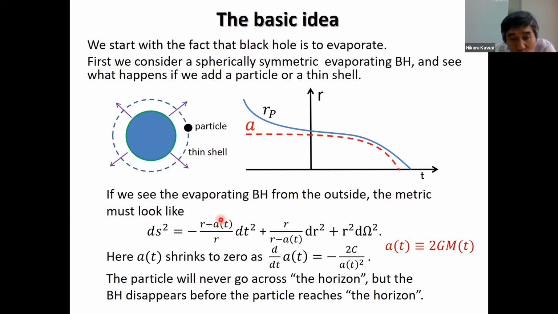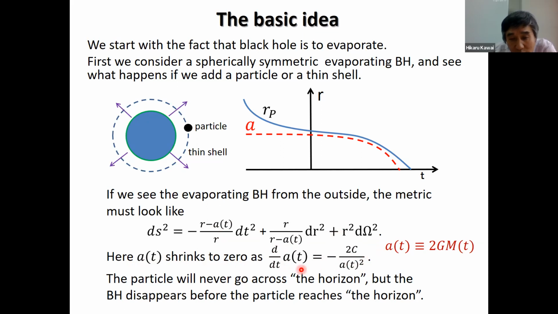Because of Hawking radiation, A(t) shrinks to 0 following this equation: dA/dt is minus some constant 2c divided by A(t) squared. This comes from the Boltzmann law. The temperature is proportional to 1 over A, and 1 over A to the fourth multiplied by area gives 1 over A(t) squared.